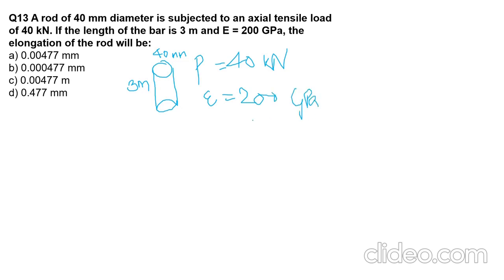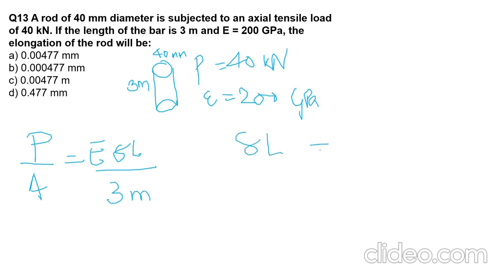And you have to find delta L. Again, using the same equation where we have force per unit area equal to our elongation, your delta L has to be calculated, and your total length is 3 meters, right? So you have to just find your delta L.